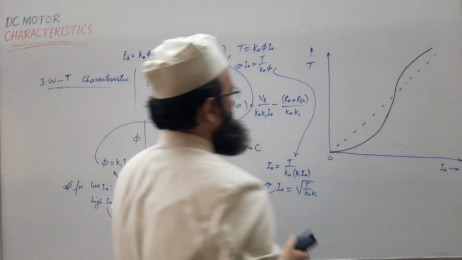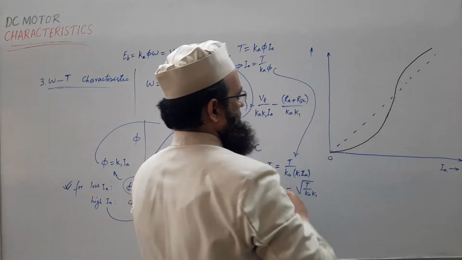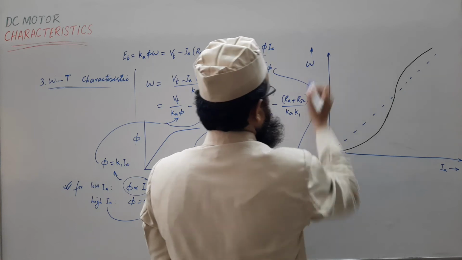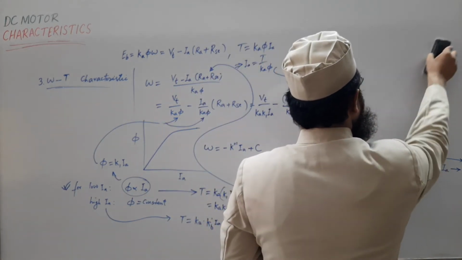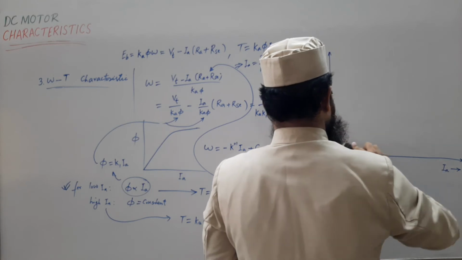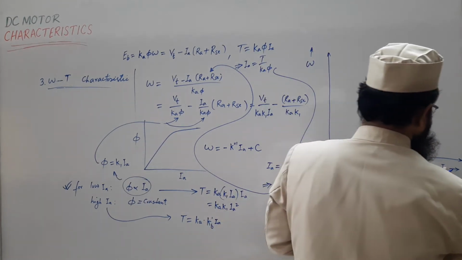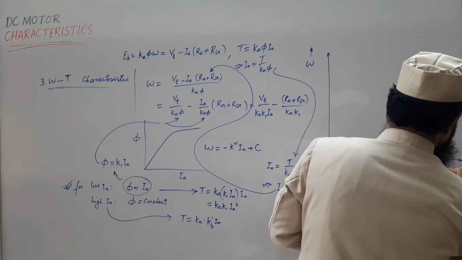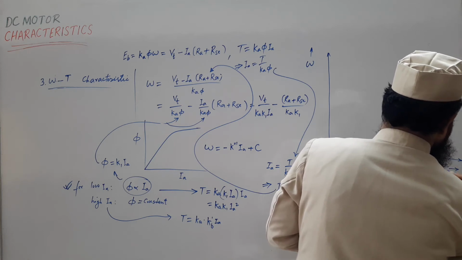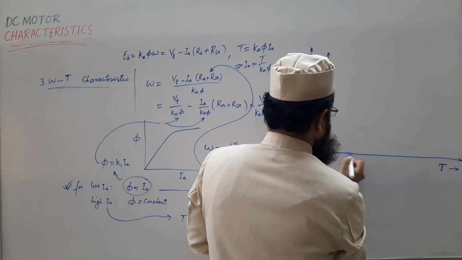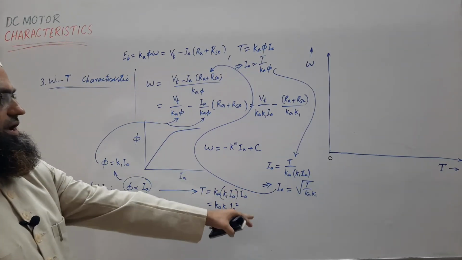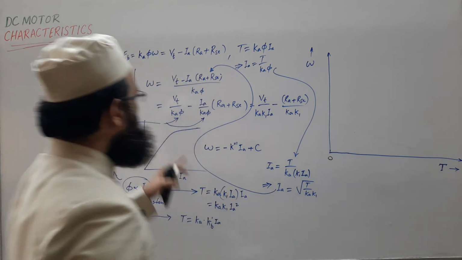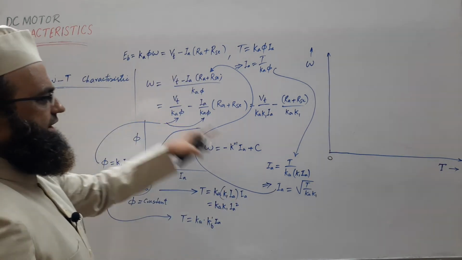So now we are going to have speed versus torque. Just write speed here, just remove this, and torque here. Fine. For a lower value of Ia, we want to see the nature of speed against torque.